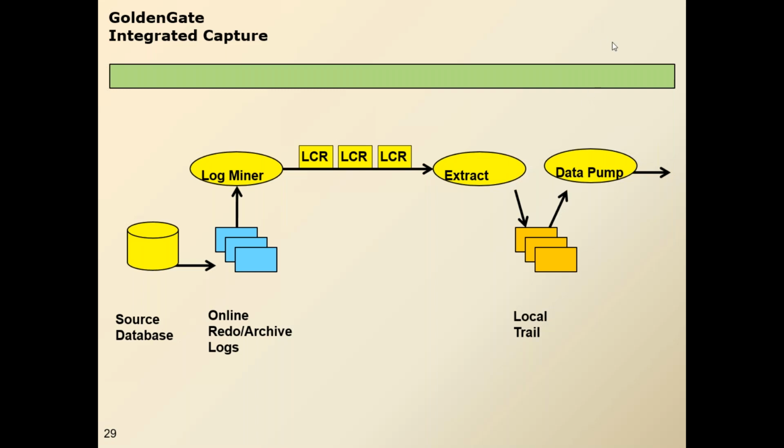Let me tell you. In integrated capture, you have the source database. Whatever changes are happening get written to your redo logs or archive logs. When you create an integrated capture, a parallel LogMiner database gets created at the database level.